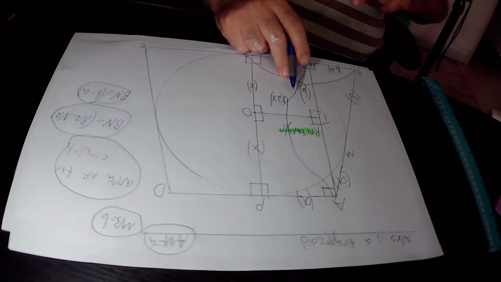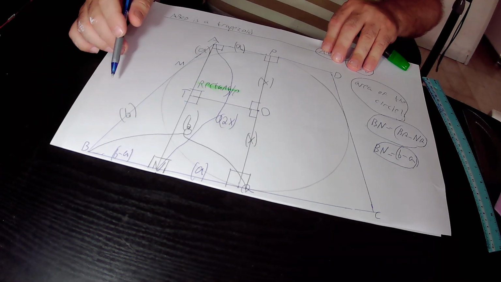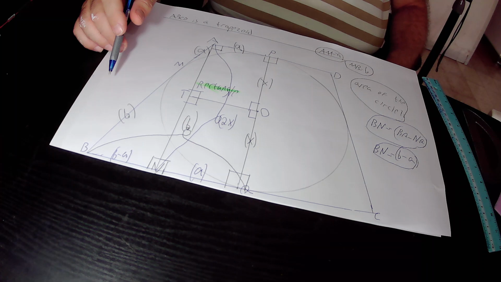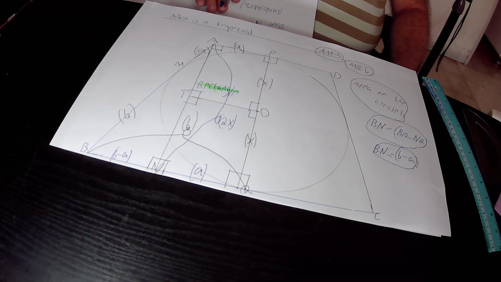The next step: copy the right triangle ABN in a new page, and implement the Pythagoras theorem on this right triangle ABN. According to the Pythagoras theorem, in any right triangle, the square of the hypotenuse equals the sum of the squares of the perpendiculars.